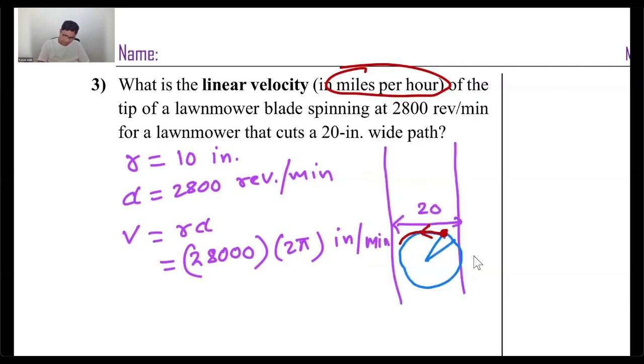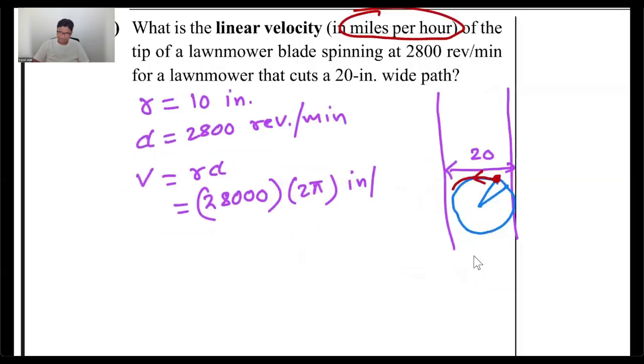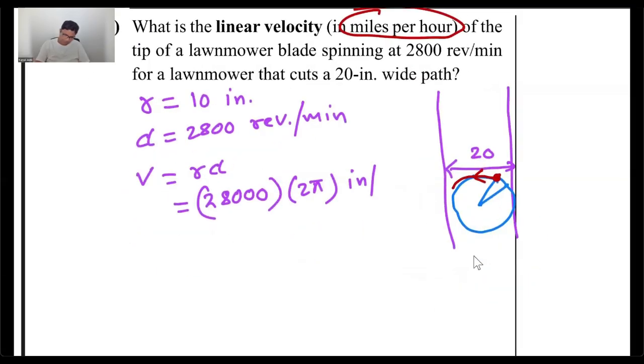So let me do it this way. I'll move this a little to the right. Inches per minute. Why did I multiply by 2 pi? This is revolutions, so I need to convert it to radians.